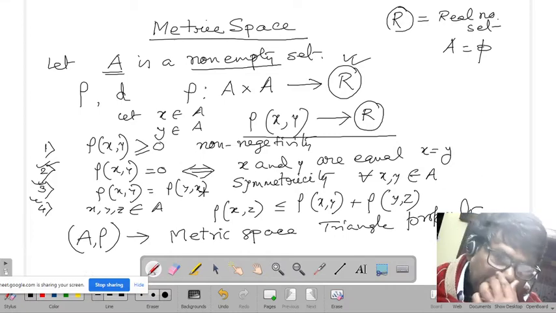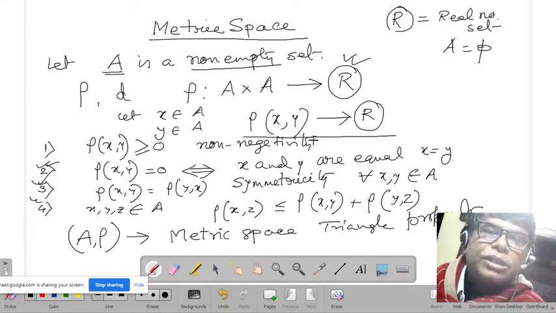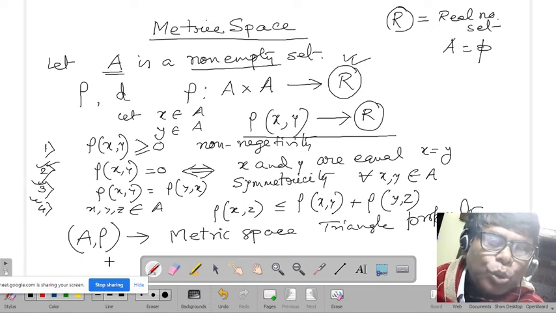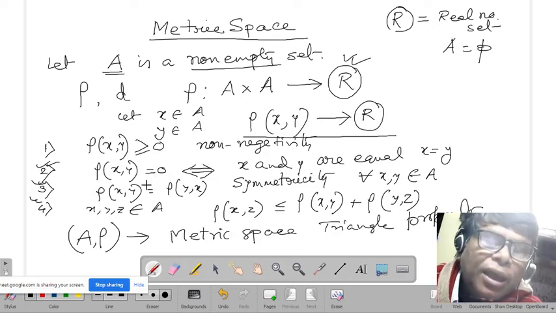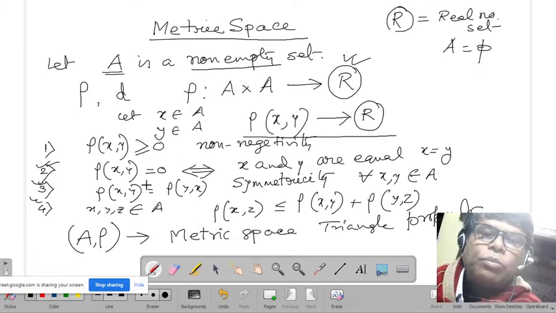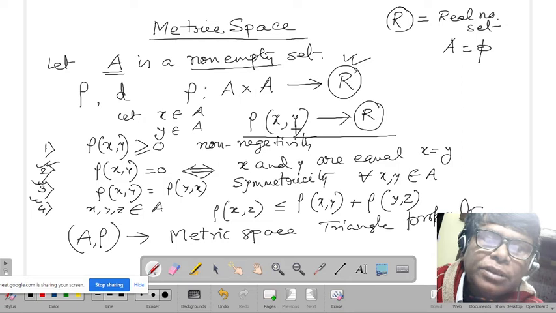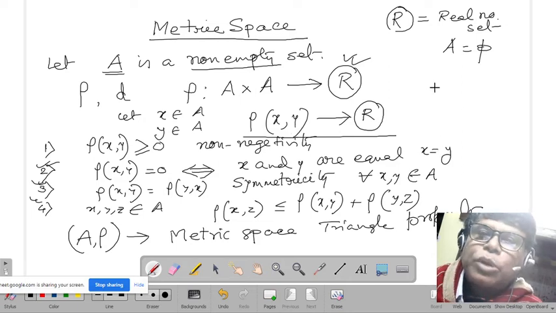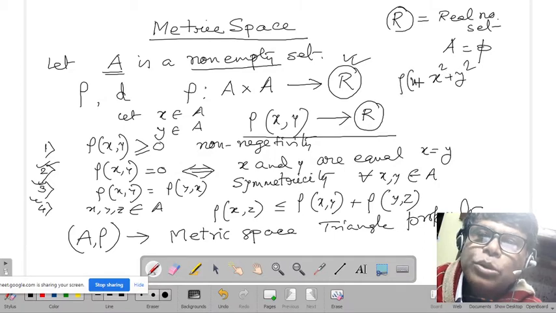Now we have to see which sets, with this rho, are metric spaces. We didn't specify any form of rho xy. After getting some form of rho xy, that form means some mathematical form involving x and y as variables, say for example x square plus y square, so rho xy may be x square plus y square.